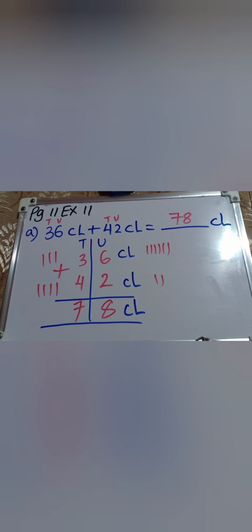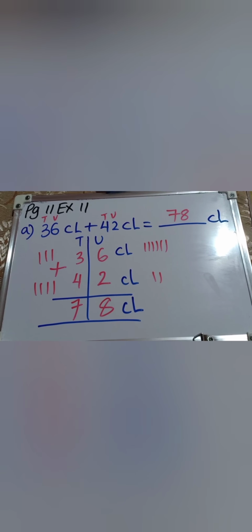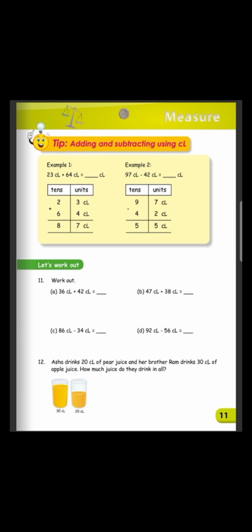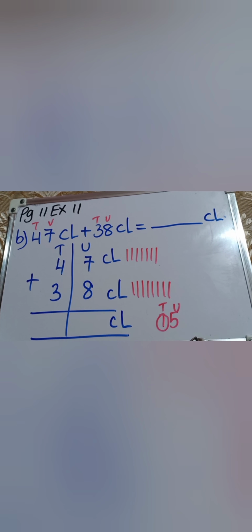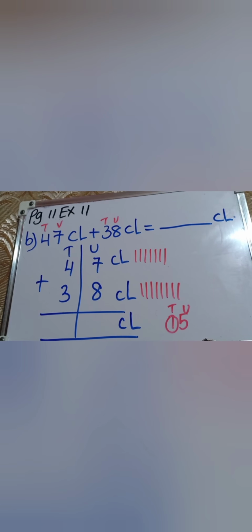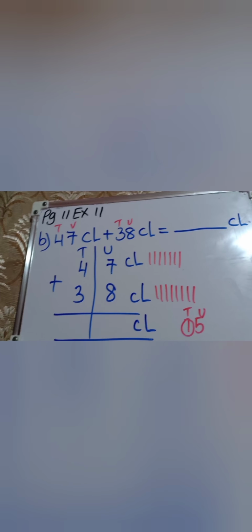Let us move on to working part B. For part B, we have 47 centiliters plus 38 centiliters. Let us work it together on the board. 47 centiliters plus 38 centiliters is equal to blank centiliters.